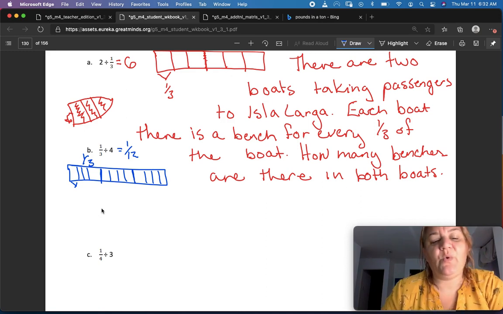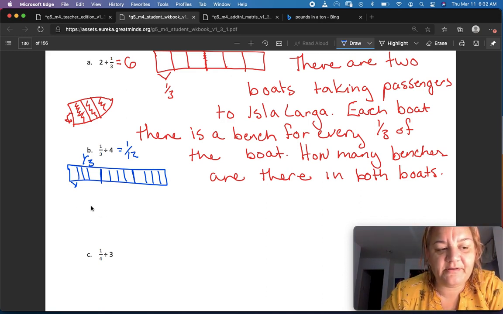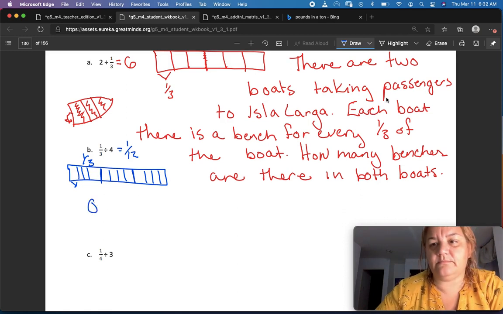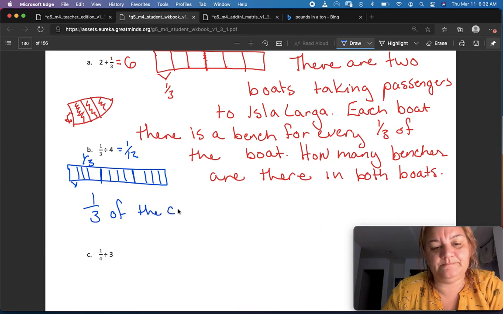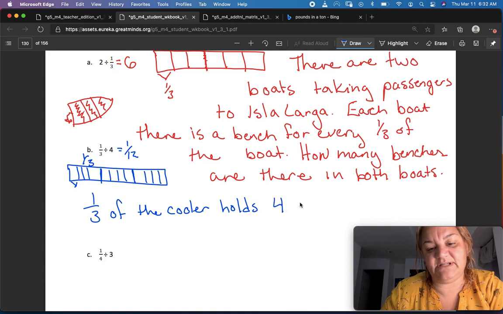Oh, I have it. 1/3 of the cooler holds 4 sandwiches.